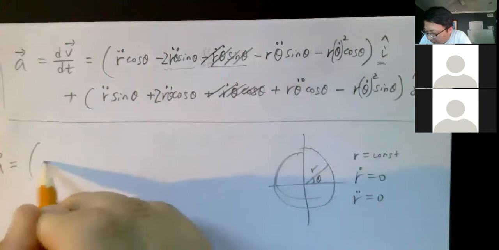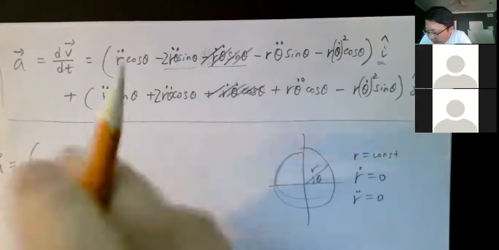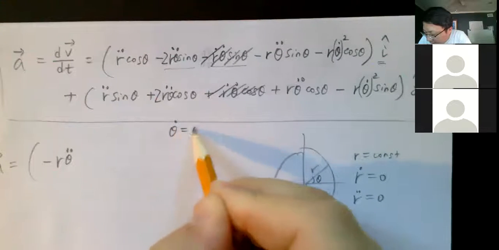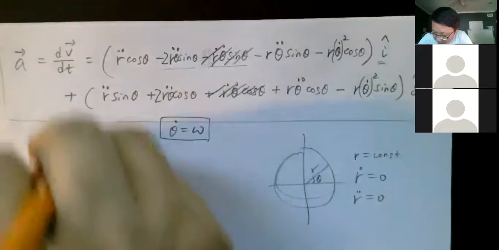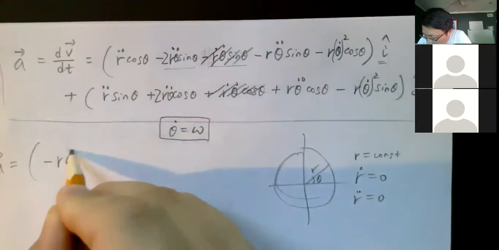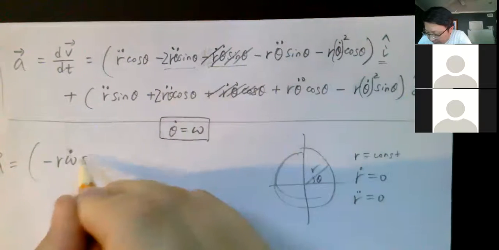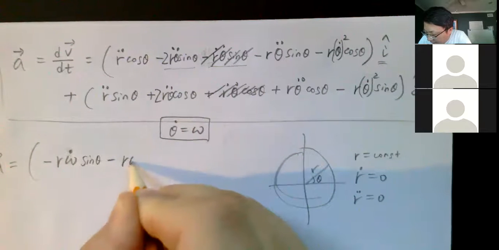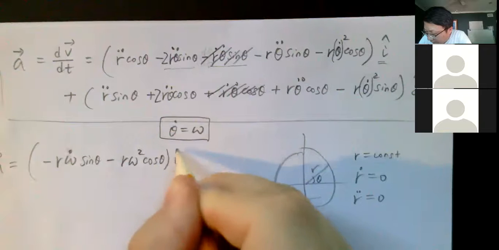So it becomes minus r theta dot. Remember, theta dot is omega, correct? Angular velocity. Now we change that to angular velocity derivative, sine theta minus r omega square cosine theta. This is the x direction.